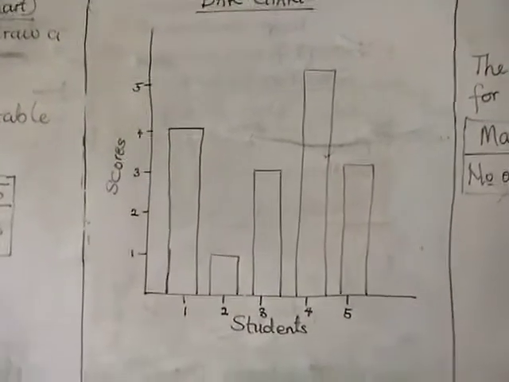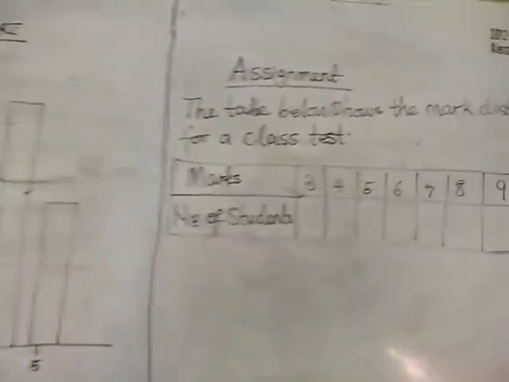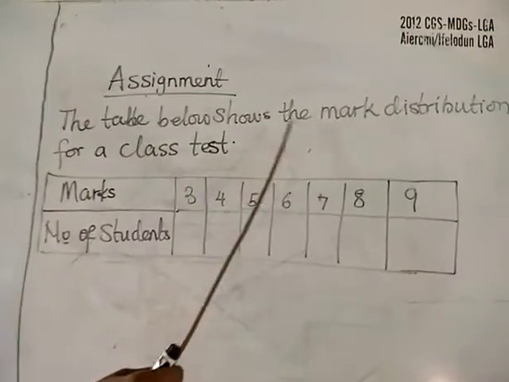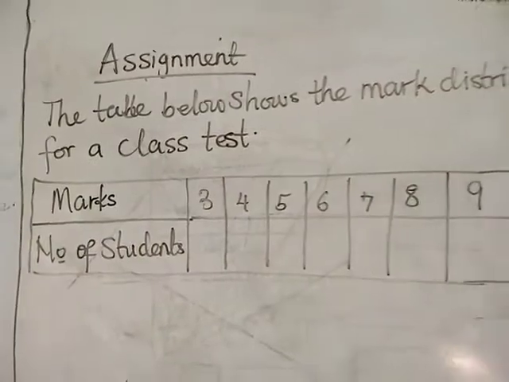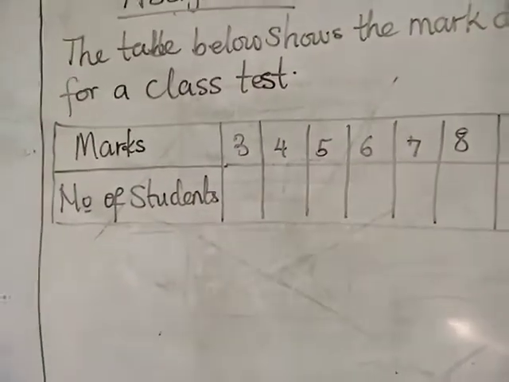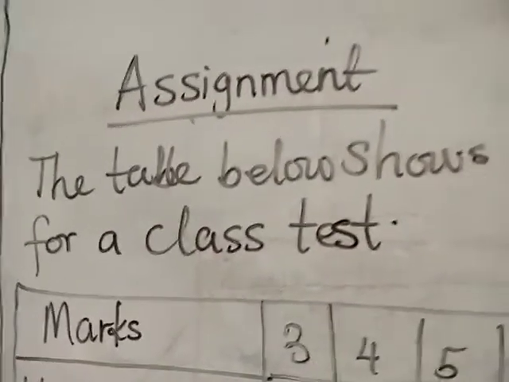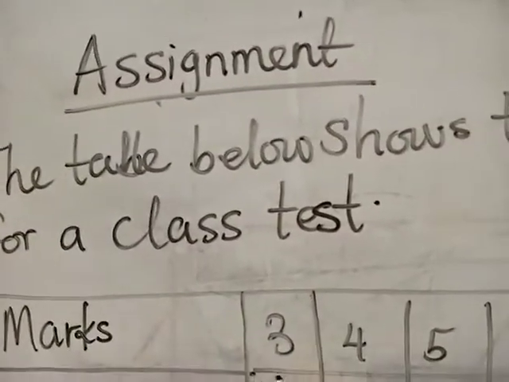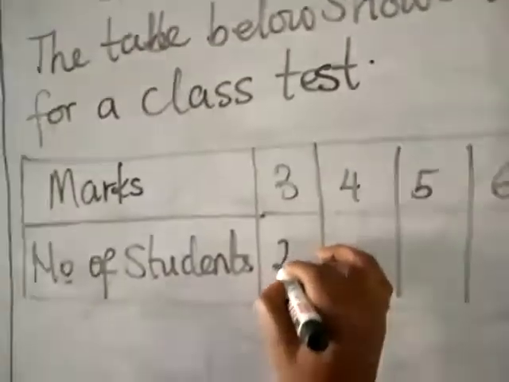So for our assignment today, the table below shows the mark distribution for a class test. Now look at it. These are the marks of the class, and the number of students for each of them is as follows. The number of students that scored 3 is 2.